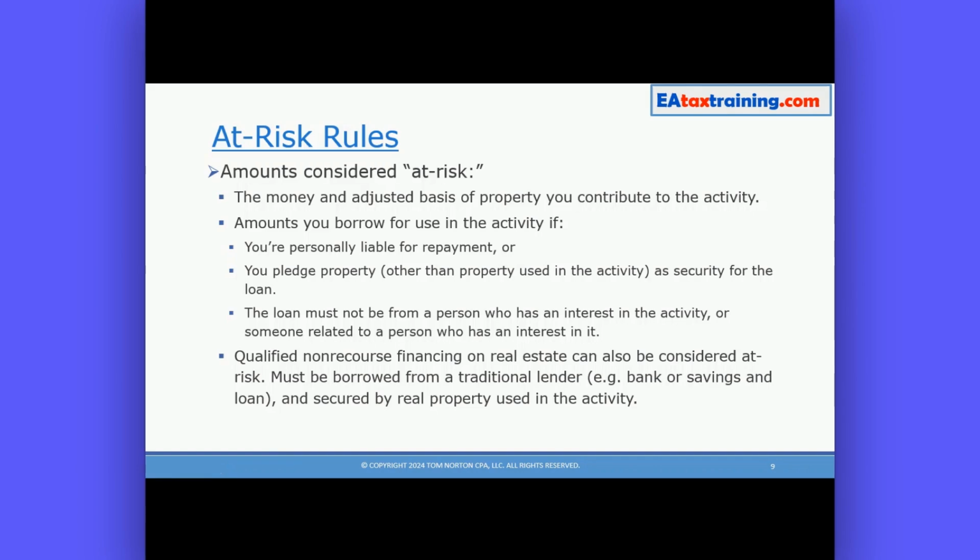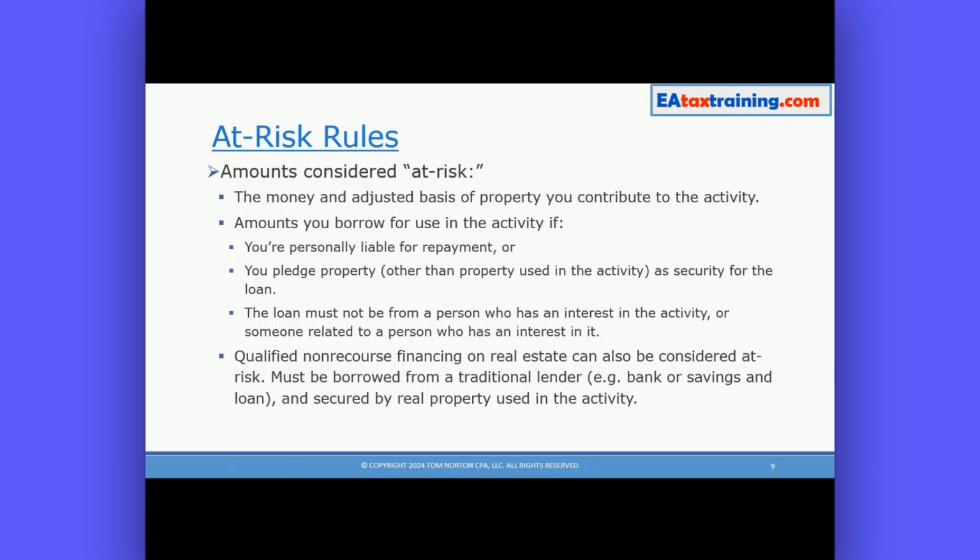These are amounts that are borrowed from a traditional lender like a bank, and they are secured by real property that is used in the activity. So in other words, you've got a partnership, let's say, and there is a building that is owned by the partnership, and the partnership goes out and gets a loan from a bank on that building, and the building is used as collateral for the loan.